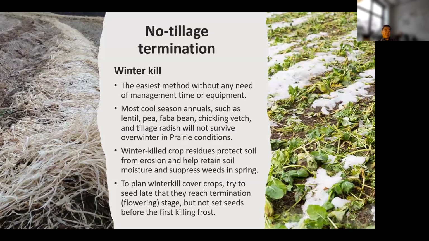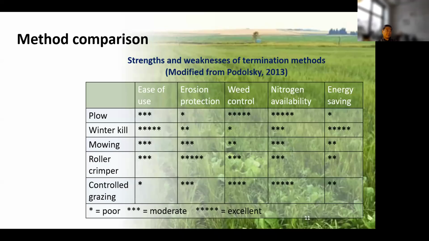Otherwise, if they produce viable seeds, they would cause weed issues next spring. And if you seed too late and it doesn't produce a whole lot of biomass, that would reduce the benefit of this cover crop. So try to figure it out so it gets maximum growth and also doesn't create weed issues for your next crop.